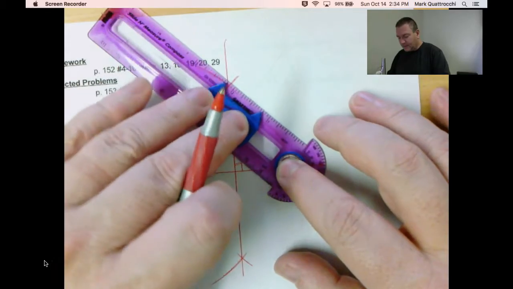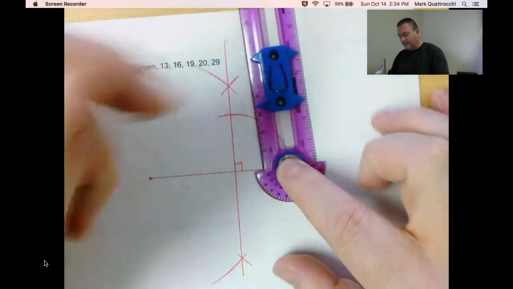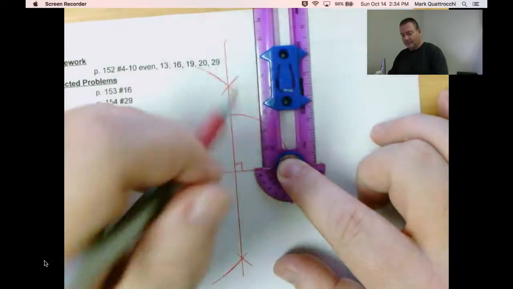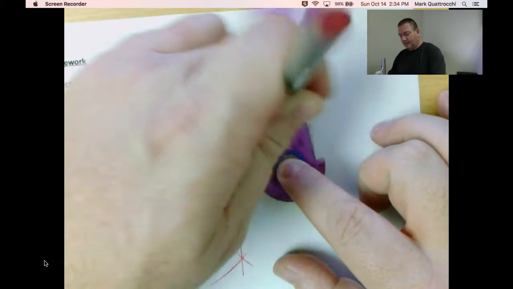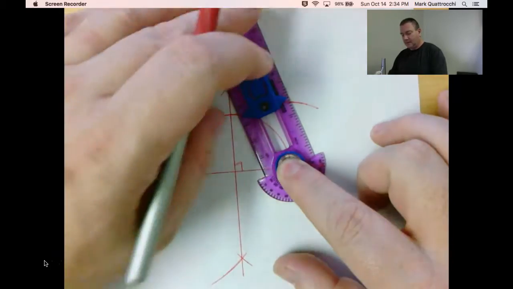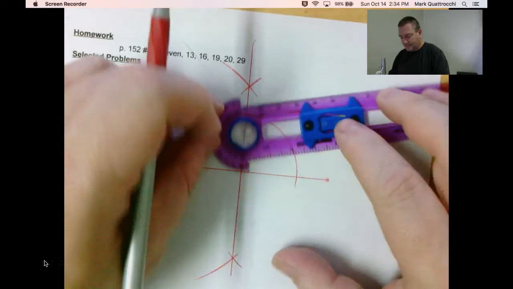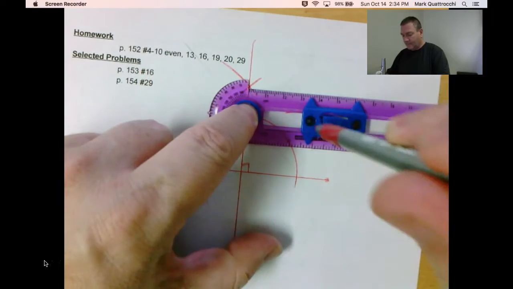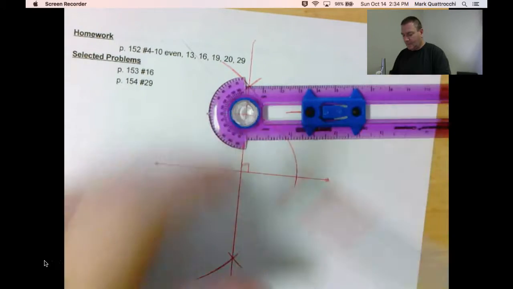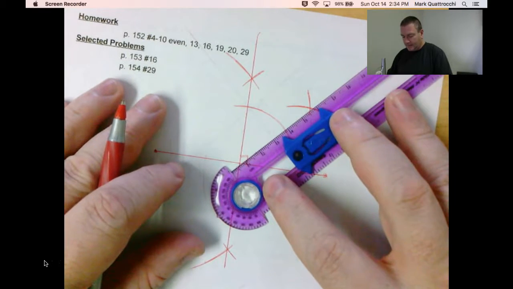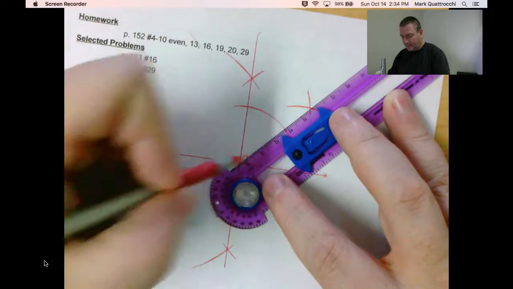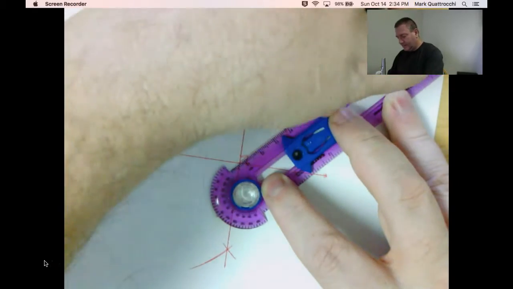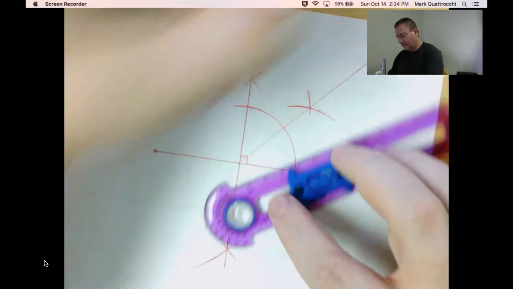Alright, as long as I'm beyond the midpoint here, the bisector point, that's enough. There, arc. Arc. Bisector.